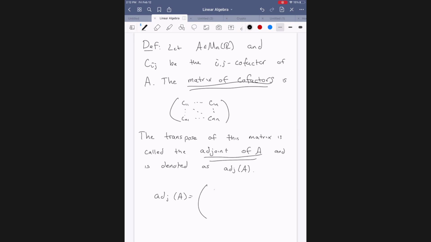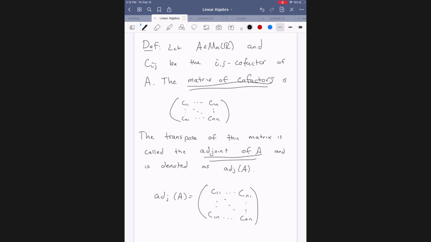It's going to look like C11 all the way to C1n, down to Cn1, Cnn, like this. Okay, so this is the adjoint of the matrix.